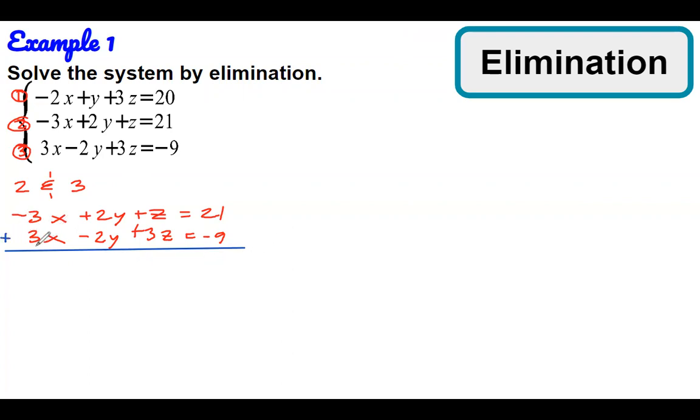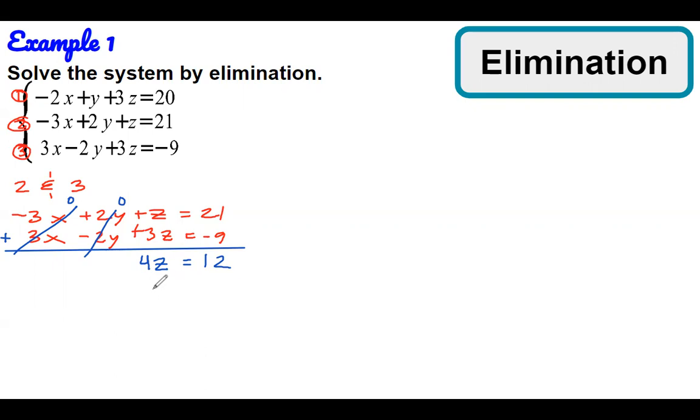So negative 3x plus 3x, 0. 2y minus 2y, 0. Z plus 3z is 4z equals 21 minus 9, or 21 plus negative 9, 12. All right.